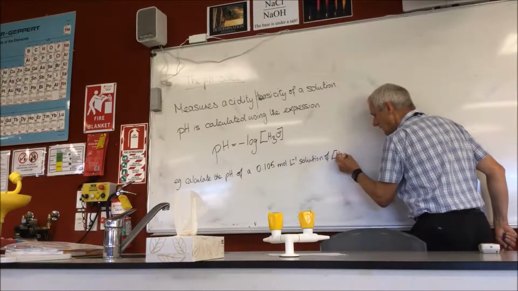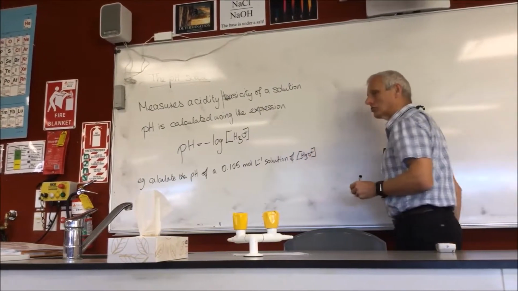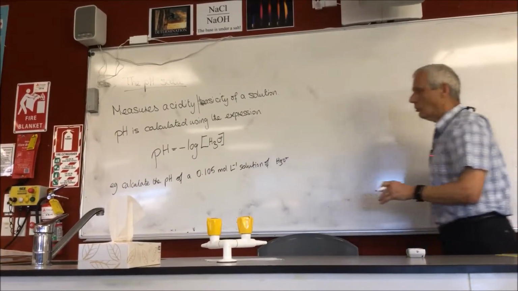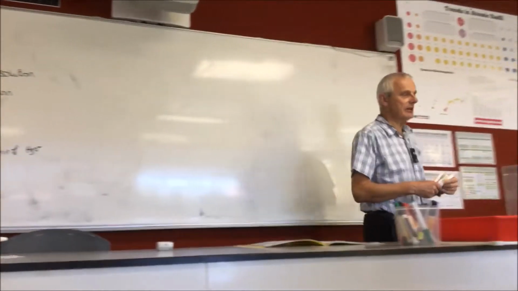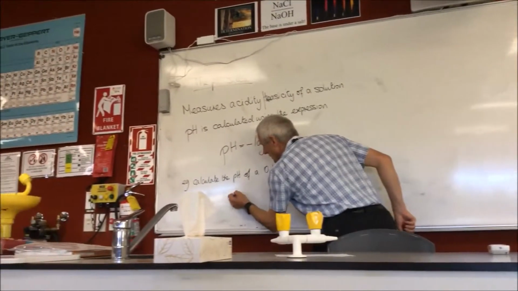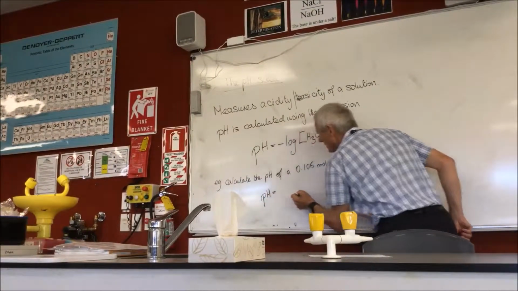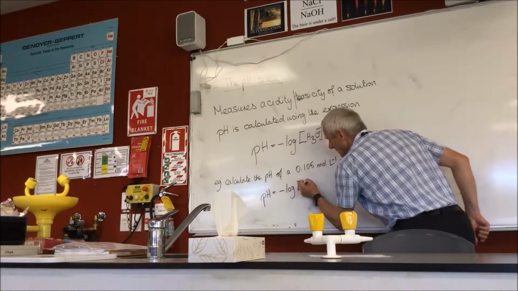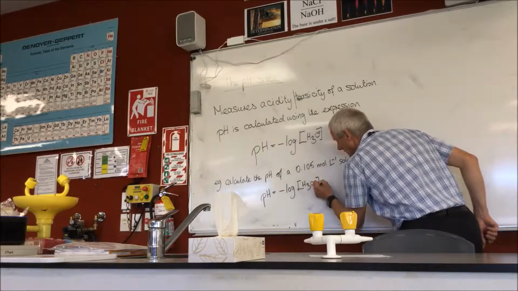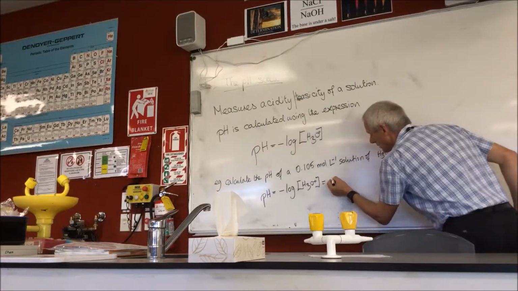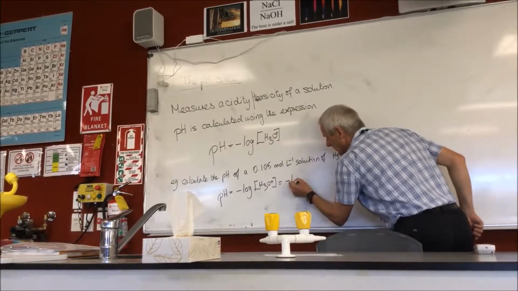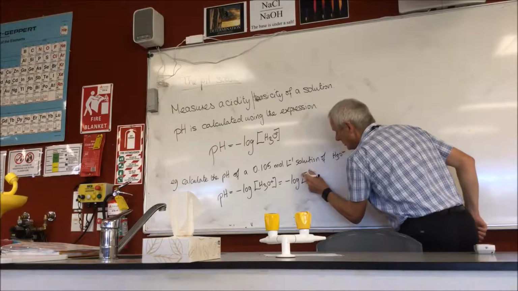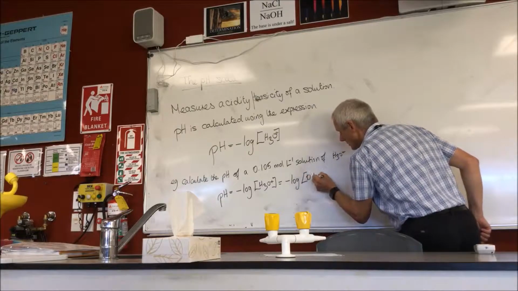So we'll keep it completely generic. Say we know what the concentration of H3O+ is. We won't even say which acid it is. It's just 0.105 mole per litre. Let's write it out. pH is equal to minus the log of H3O+, which is equal to minus the log of 0.105.